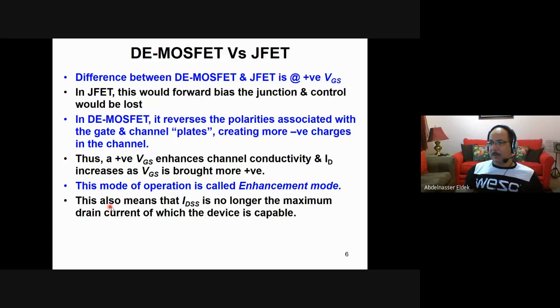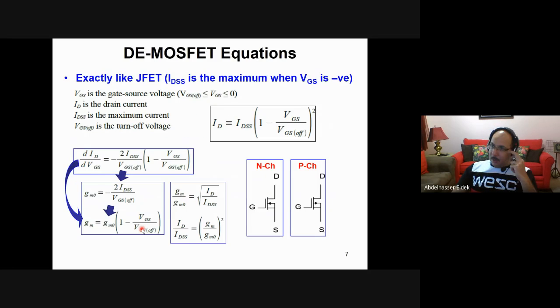So this also means that IDSS is no longer the maximum. In JFET, IDSS was the maximum current when VGS equals 0. Here, no. If VGS is positive, you can increase the current more. The equation is almost the same.